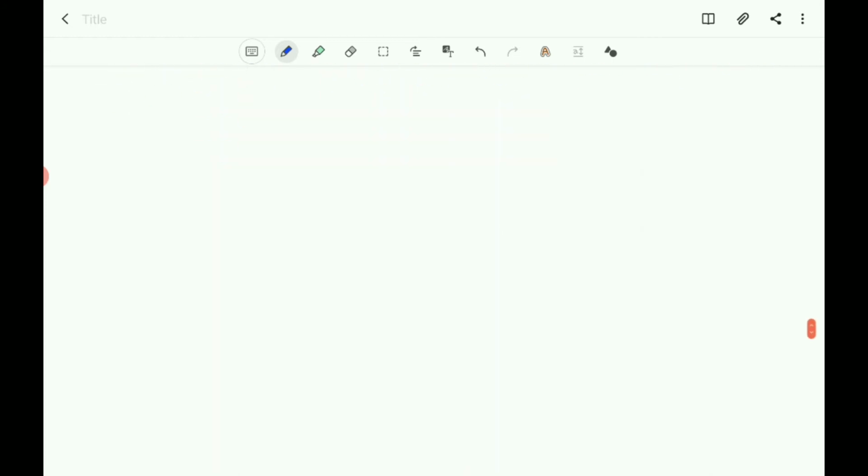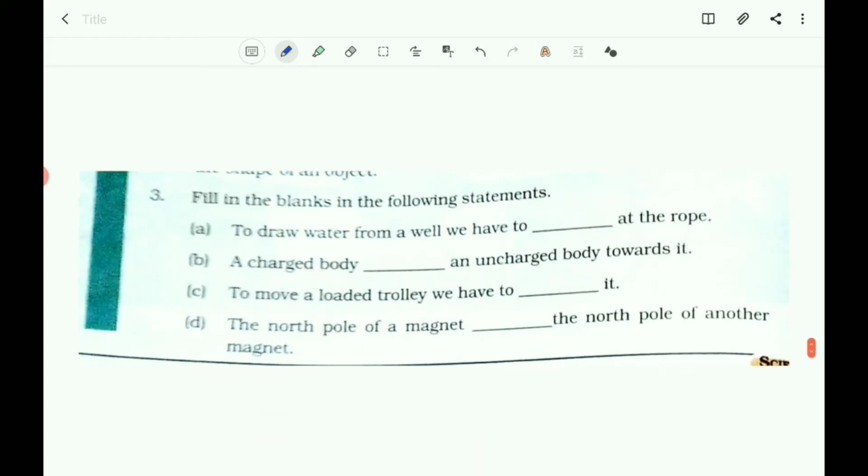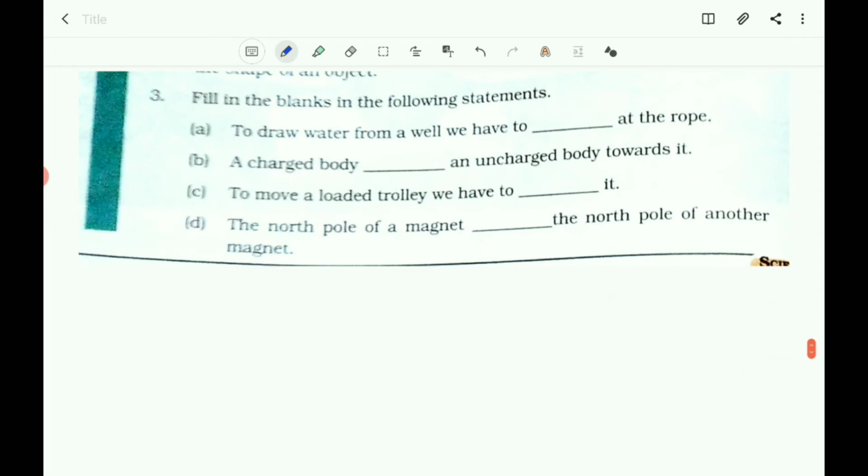Next, so let us take the third one. Fill in the blanks. To draw water from a well, we have to pull at the rope. You know that we have to pull at the rope. So what you have to write? We have to pull at the rope.